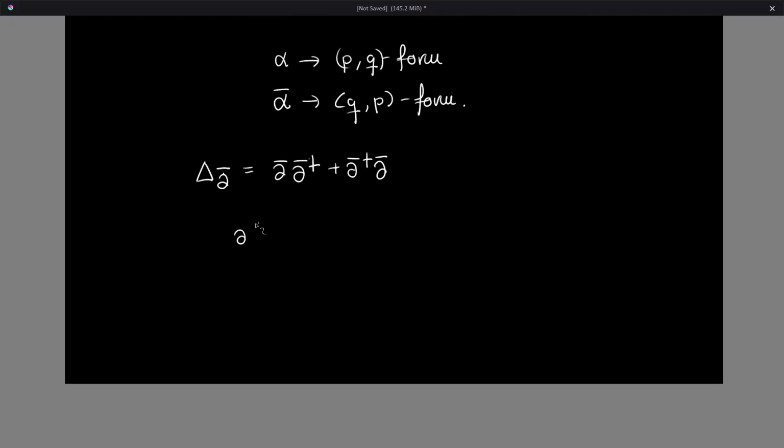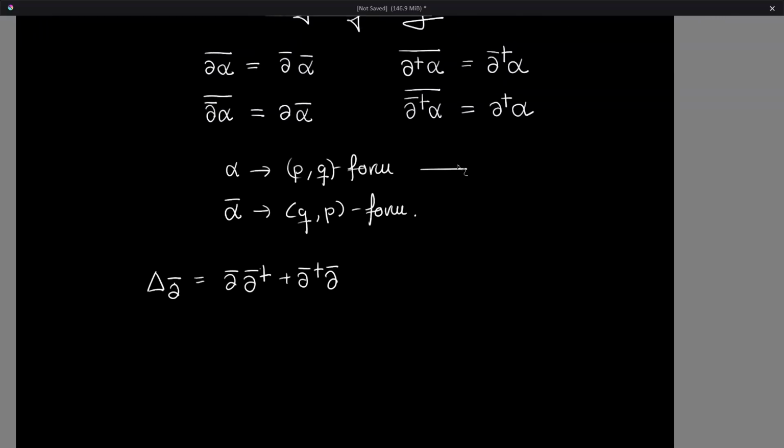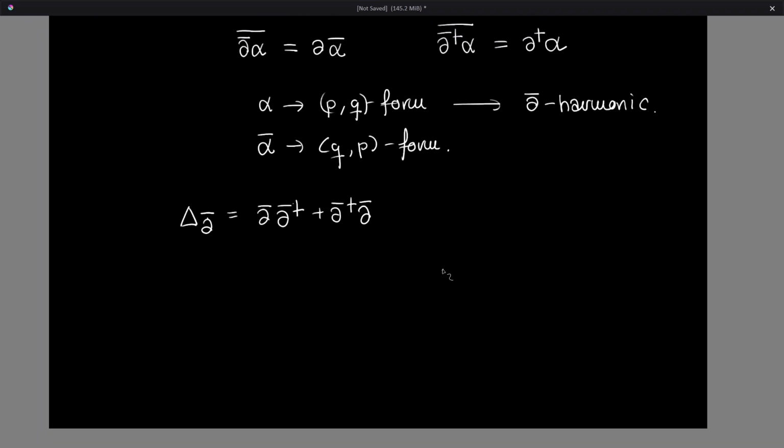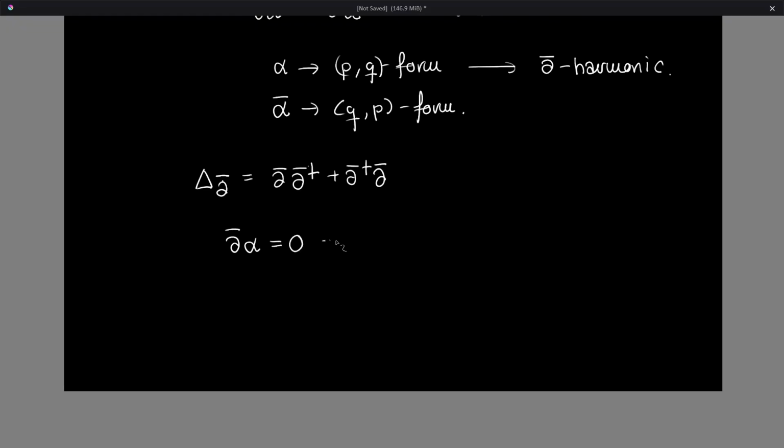So let's say that alpha is already partial bar harmonic. So if we assume that alpha is partial bar harmonic, then we get that partial bar of alpha is equal to 0. And that implies that partial bar alpha bar is equal to 0, which is the same as saying that partial of alpha bar is equal to 0.